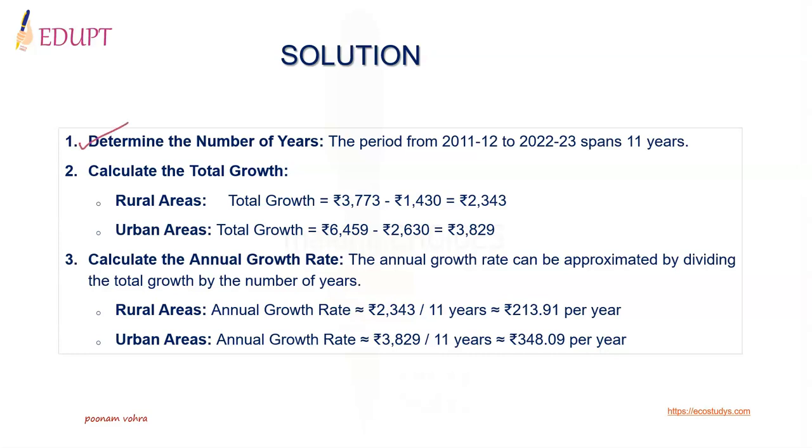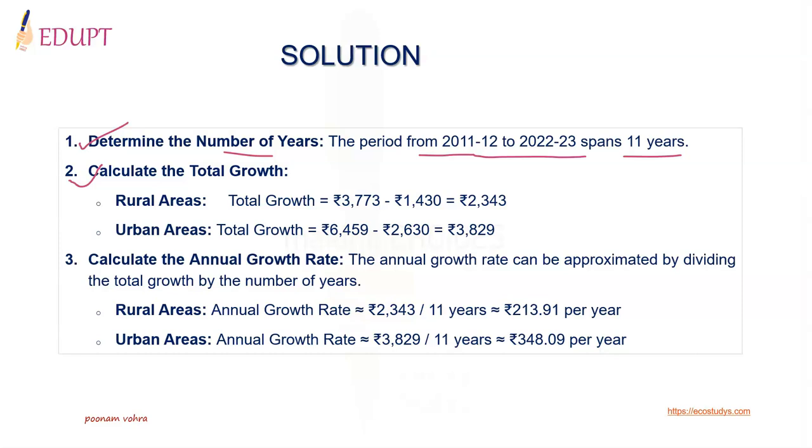First, you need to determine the number of years because the period is from 2011-12 to 2022-23. That is 11 years. Second step is you need to calculate the total growth.